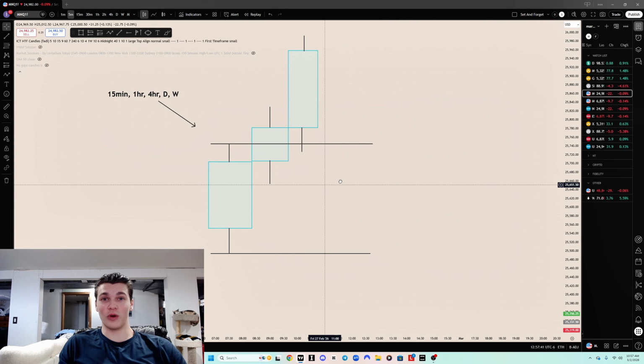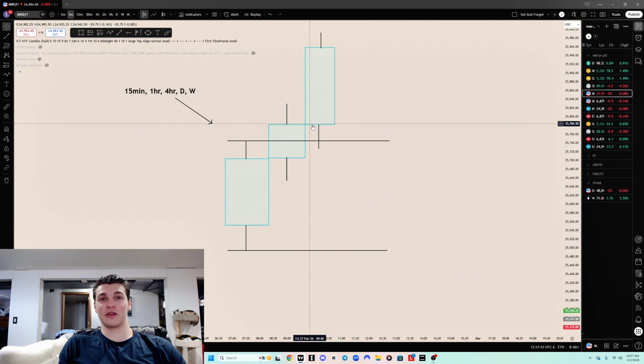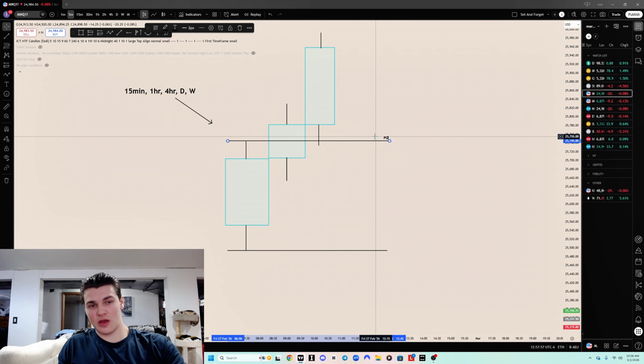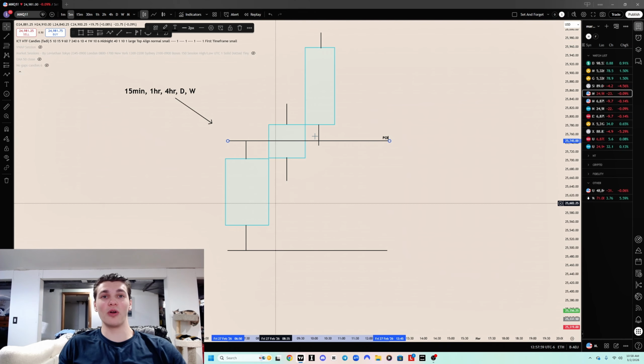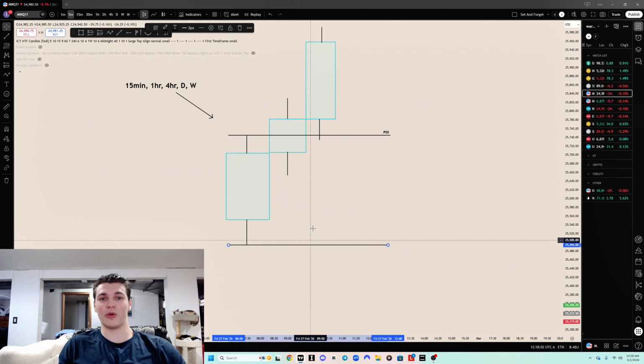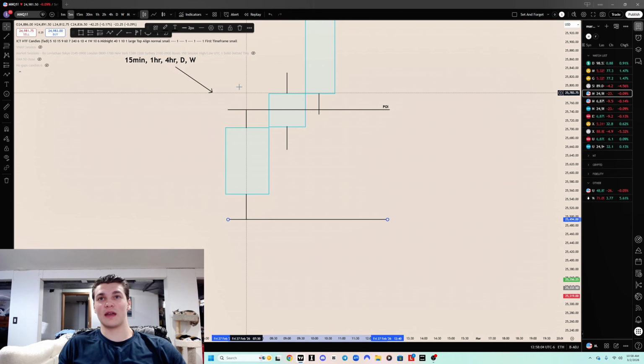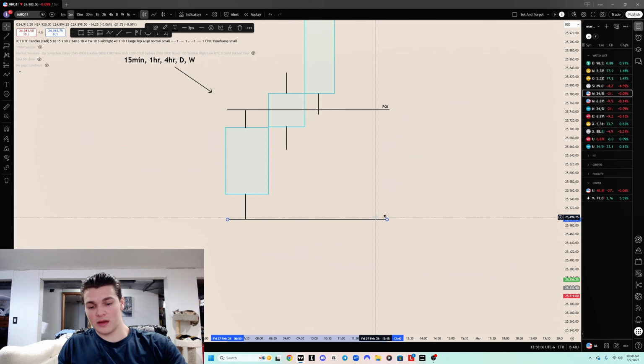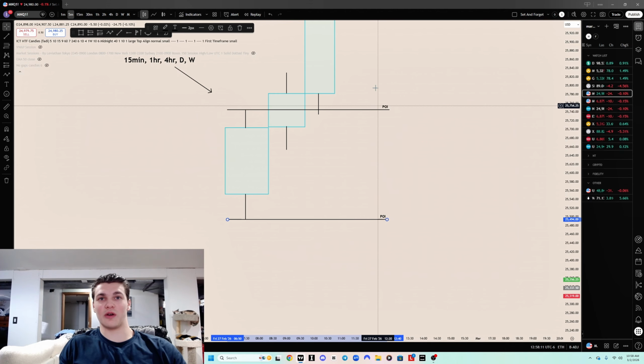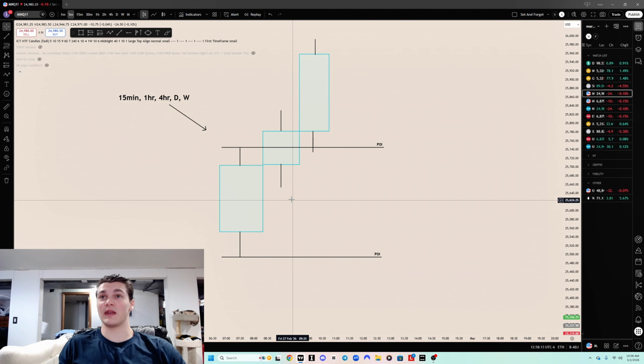Then you're looking for that third candle to come back inside of the range it broke out from, which I call a POI. Since this is a bullish example, you don't need the bottom one. That would be a bearish POI if candles were breaking to the downside, and this is a bullish POI because candles are breaking up, not down.